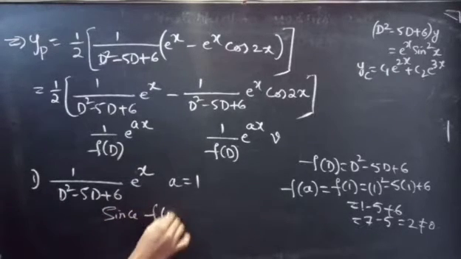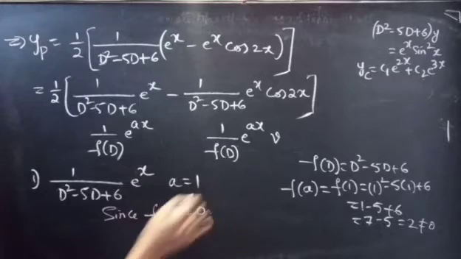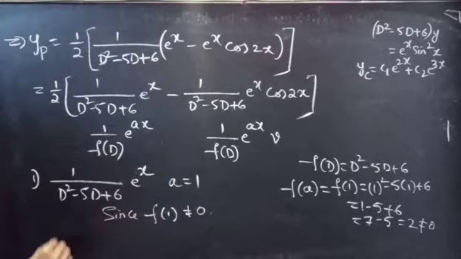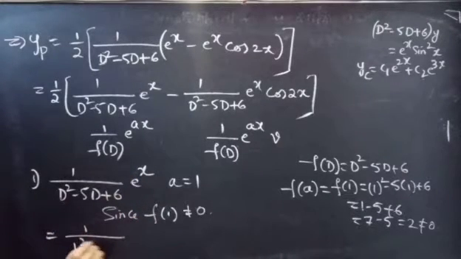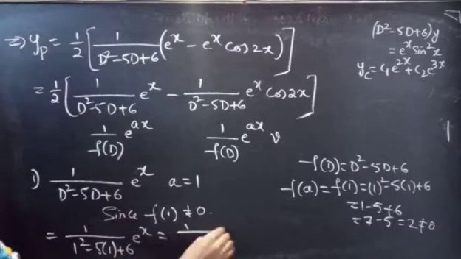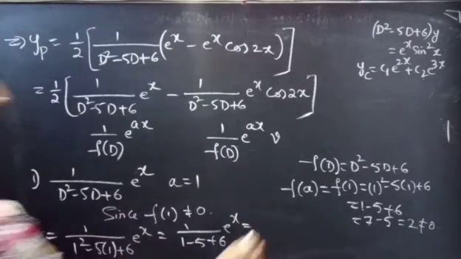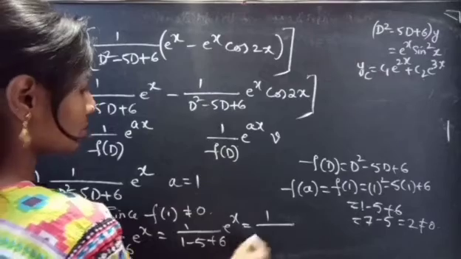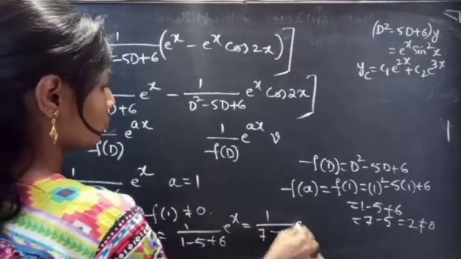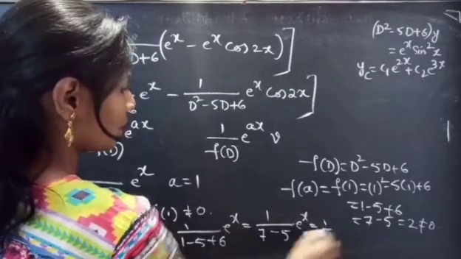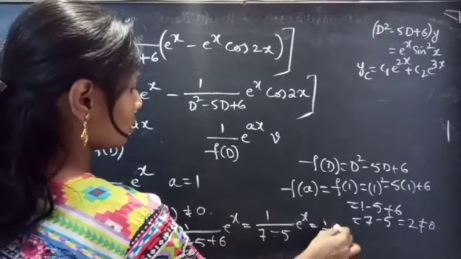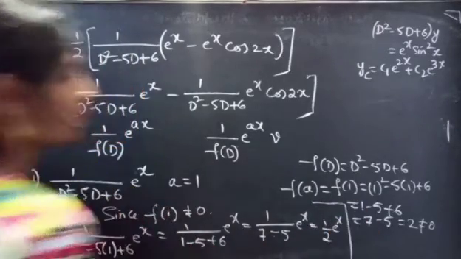Since f(1) is non-zero, we can just replace D by 1. Then we'll get 1/(1² − 5 into 1 + 6) into e^x, which is 1/(1 − 5 + 6) into e^x, which is 1/(7 − 5) into e^x, which is 1/2 into e^x.